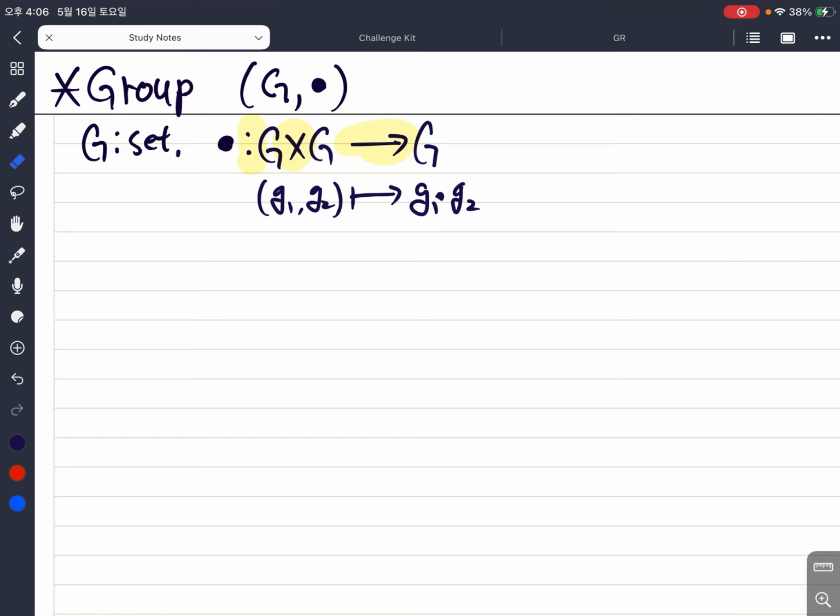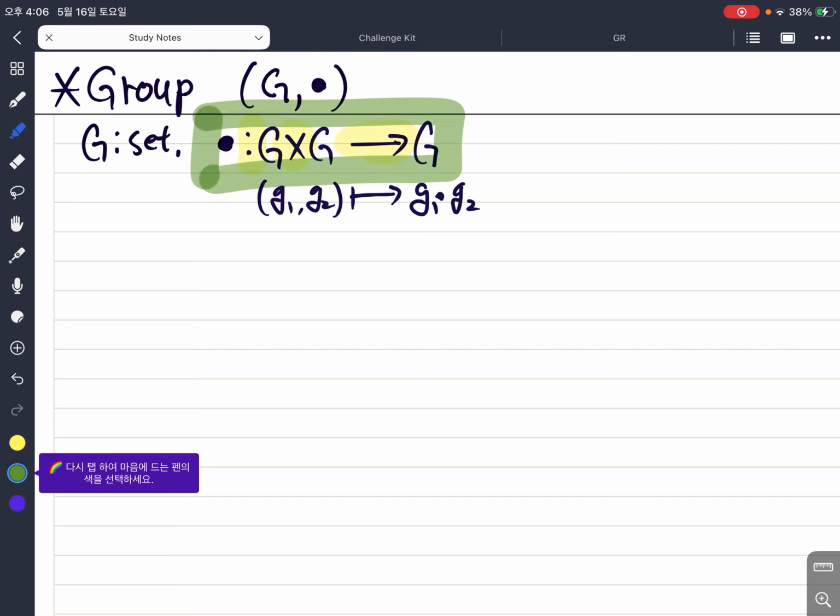And okay, what is a group? If this group, this binary operation, satisfies the axioms called the group axioms, it is called a group. The group axioms are 4. First is closure. Sometimes some people choose 3, some people choose 4.